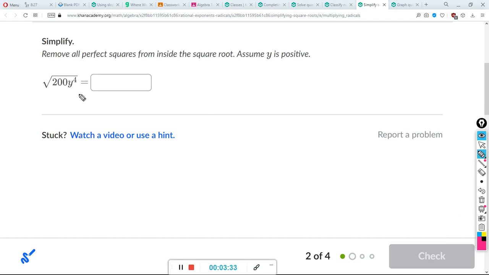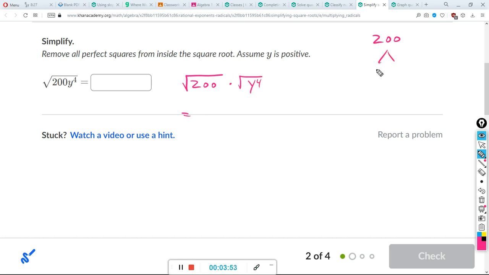Here we have the square root of 200 y to the 4th. Alright, so we're going to do the square root of 200 times the square root of y to the 4th. So let's break up the 200. That's an even number.